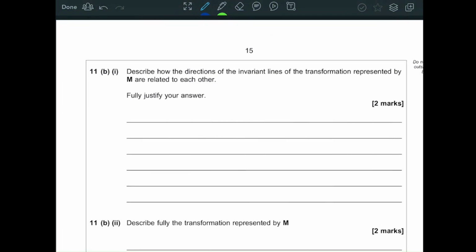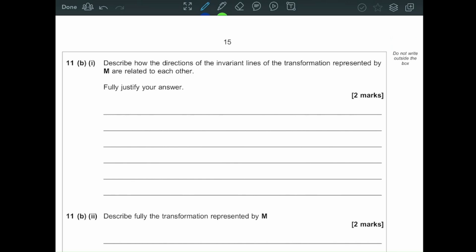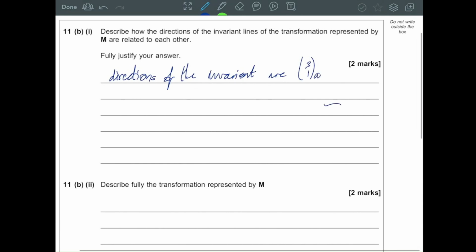Describe how the directions of the invariant lines of the transformation represented by M are related to each other. Well, one of the key features of eigenvectors is that they are the directions of invariant lines. So the directions of the invariant lines are 3, 1, and 1, negative 3.